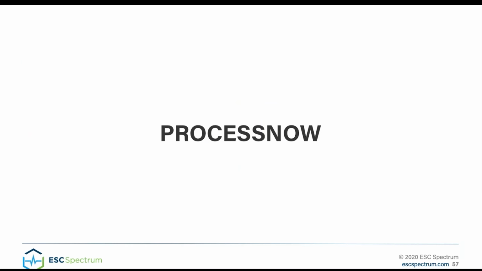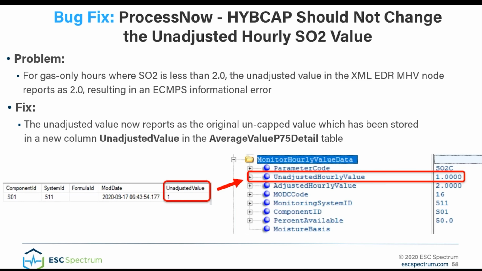Process Now. HypeCap should not change the unadjusted hourly SO2 value. What was happening was that for gas-only hours where SO2 was less than 2, the unadjusted value in the XML EDR monitor hourly value node was reporting as 2, and this resulted in an ECMPS informational error.